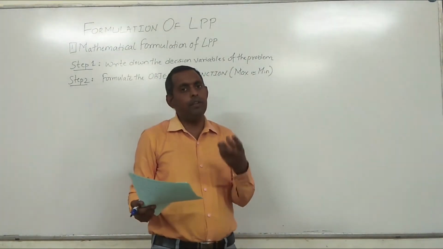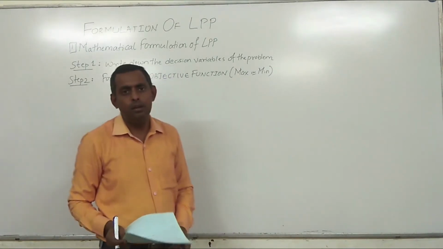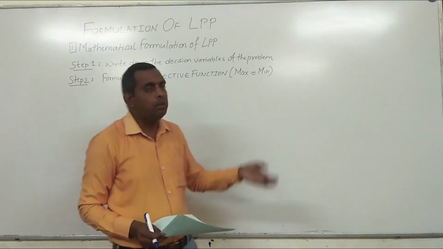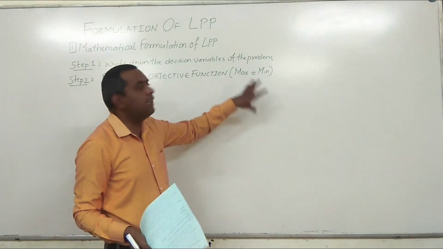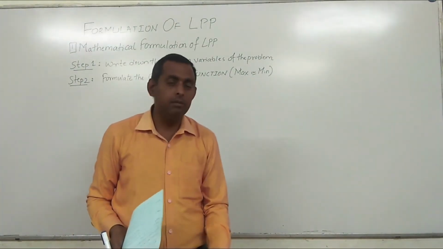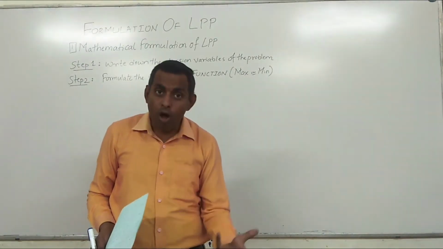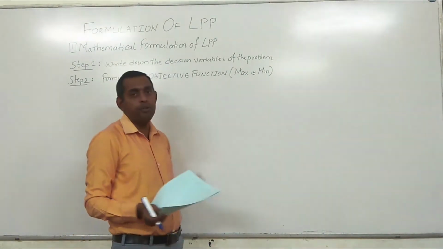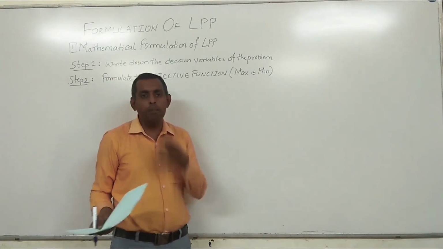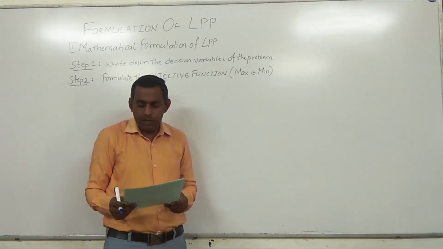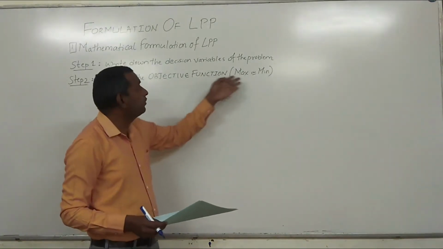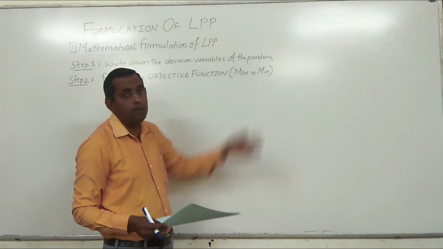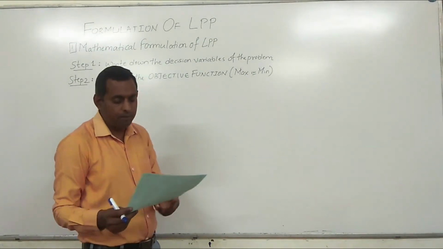If it is a case of profit or sales, we need maximum sales. If it is a case of resource allocation or loss, we need to minimize the objective function. These are small examples that I have given. Whether it will be maximized or minimized depends upon the need.